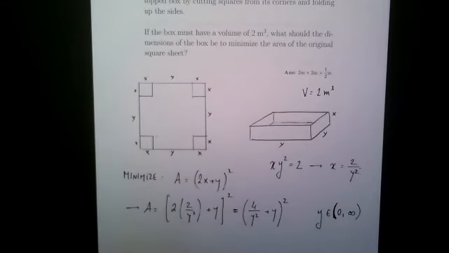Okay, let's find the derivative here and see when is this 0. So the derivative here is 2 times 4 over y plus y times the derivative of the inside, which is negative 8 over y cubed plus 1. And this has to be 0.